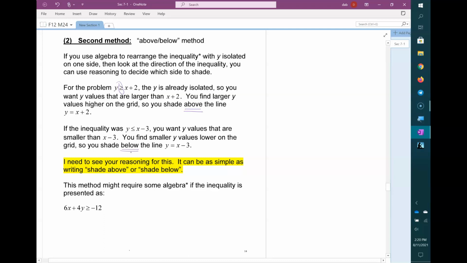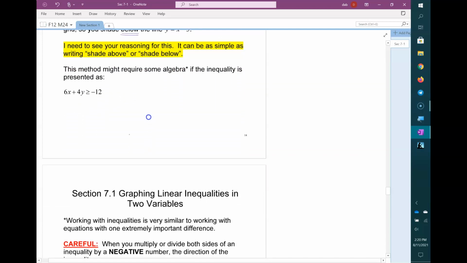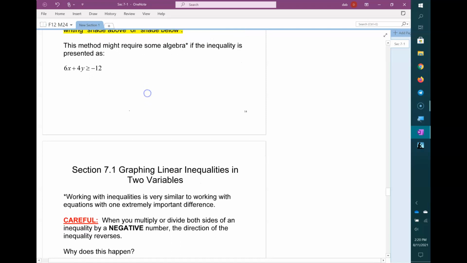And again, I need to see your reasoning for this, but once you get y isolated, it can be as simple as writing shade above or shade below. So this method might need some algebra if your inequality looks something like the general form that we've been looking at, and you would need to solve it for y before you could use the above-below method.